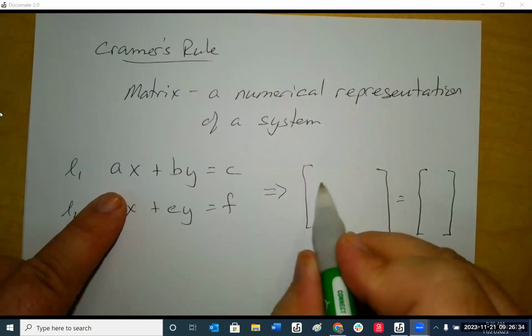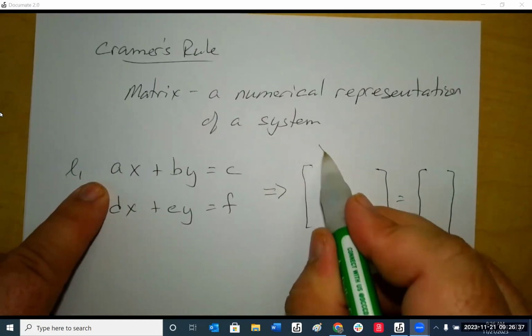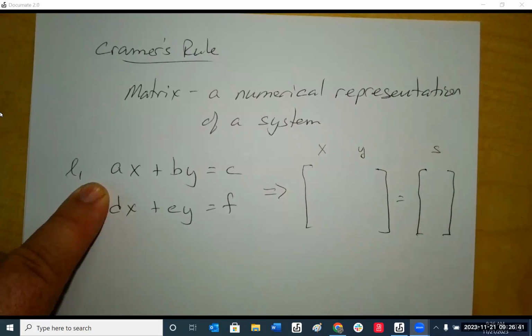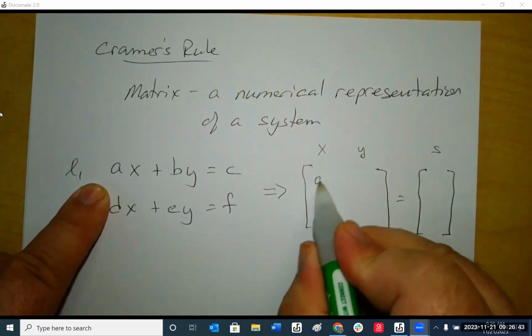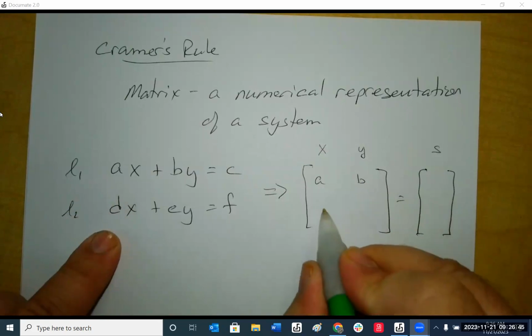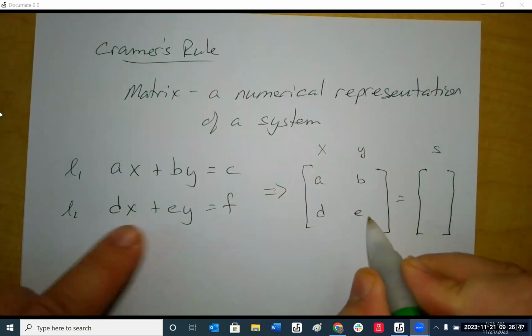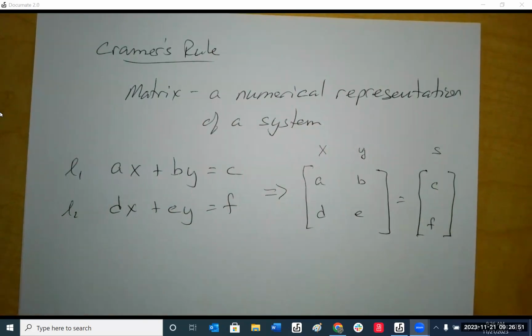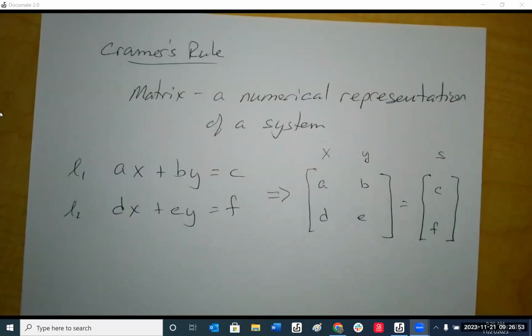Only the coefficients. So the first column are the x's, the second column is the y, and the last one is the solutions. So we have A, B, D, E, C, and F. This is all we'll be using.